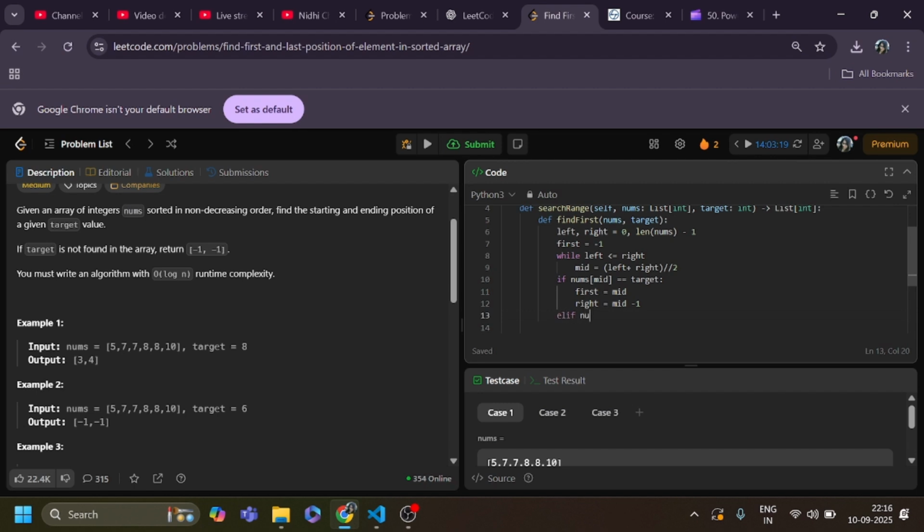Elif numbers of mid is less than target, then left equals mid plus 1. Else right equals mid minus 1.